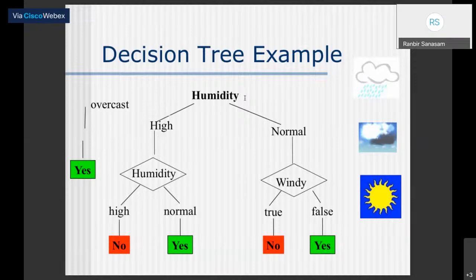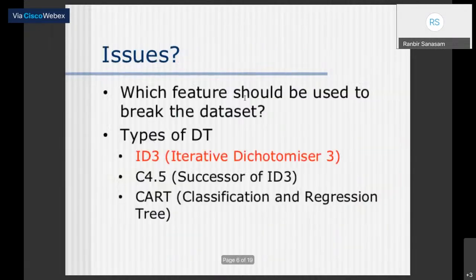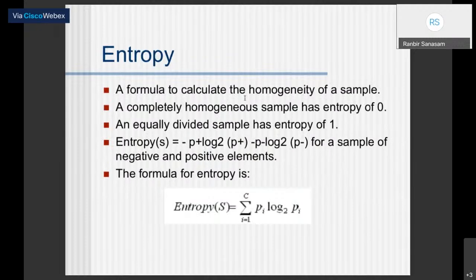Among all these possible trees, what is the best possible tree? For finding it, the algorithm that I am going to explain is called ID3, which is the most fundamental decision tree algorithm. But I think I may not have time for explaining more details.